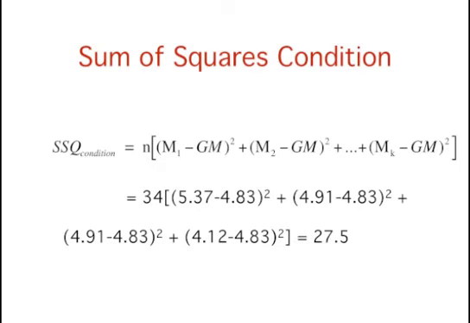In this formula, n is the number of scores in each group, k is the number of groups, m1 is the mean for condition 1, m2 is the mean for condition 2, and mk is the mean for condition k. For the smiles and leniency study, there are 34 subjects in each condition, and the grand mean is 4.83. The SSQ condition is calculated as shown and is equal to 27.5.